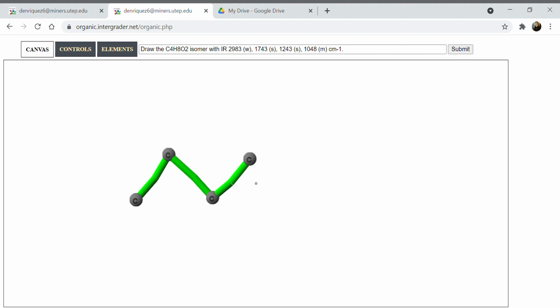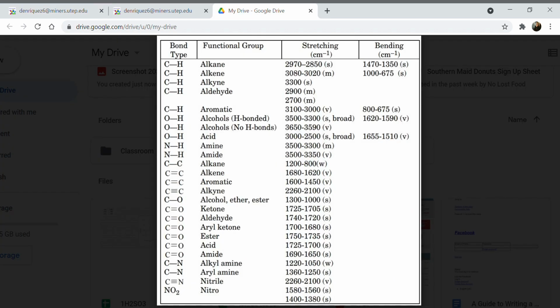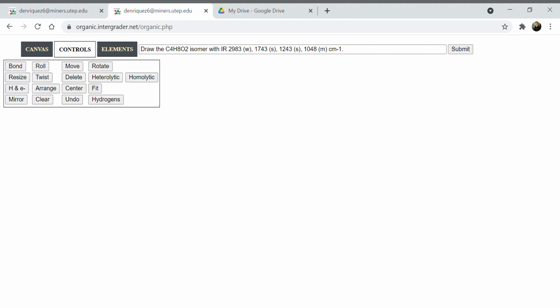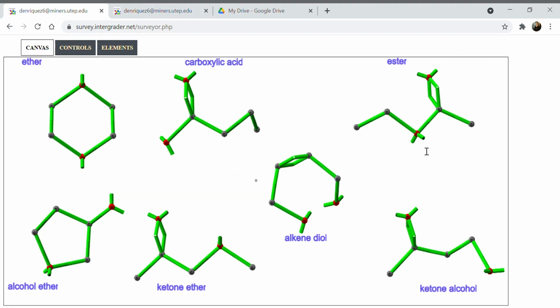I like to draw the compound, which is carbons, and then replace the carbons that I need with oxygens. So I believe it was this one, and then I go back over here, and I see it's the third one from the left. Add my hydrogens. Oops. And let's see, that's what it looks like.